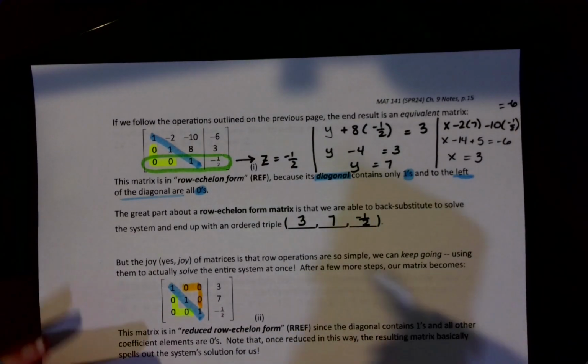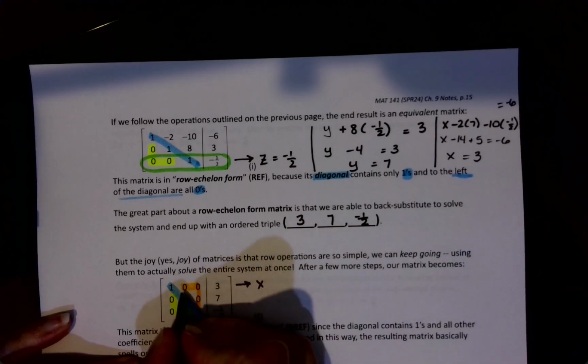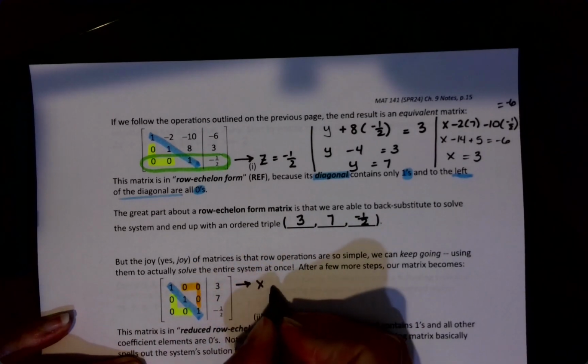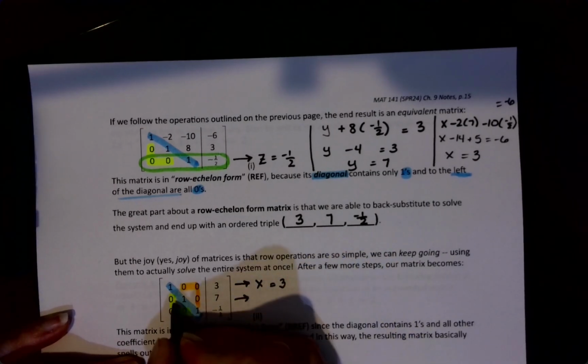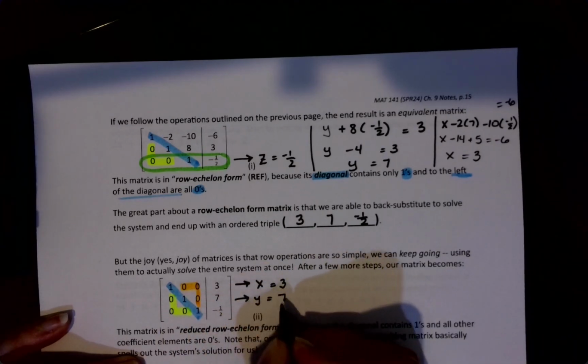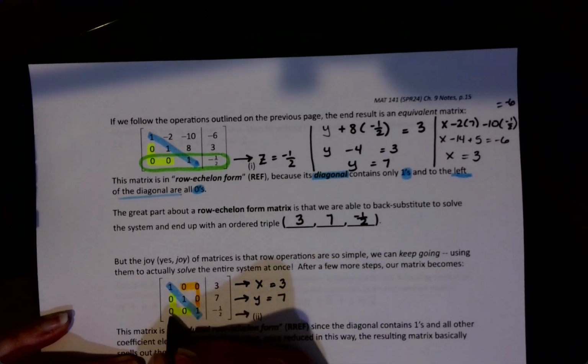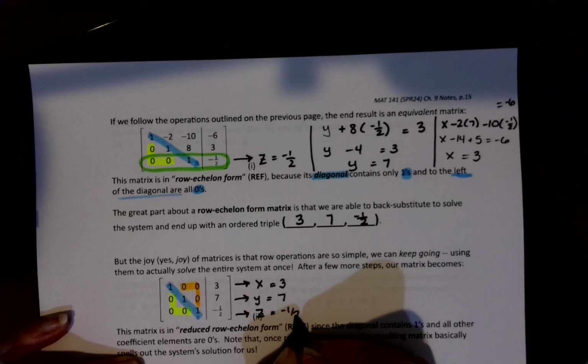Because now the top line reads as 1x plus 0y plus 0z equals 3. The middle line reads as 0x plus 1y plus 0z equals 7. And the bottom line reads as 0x plus 0y plus 1z equals negative 1/2.